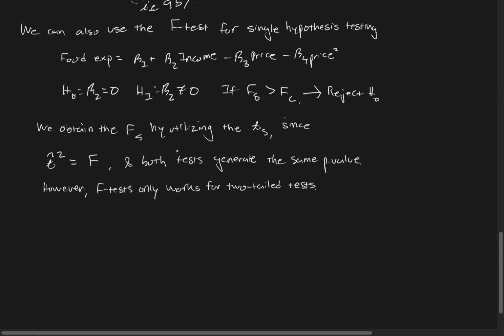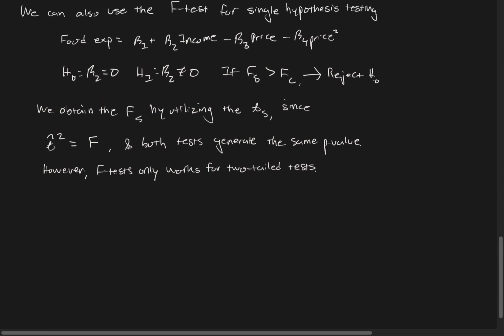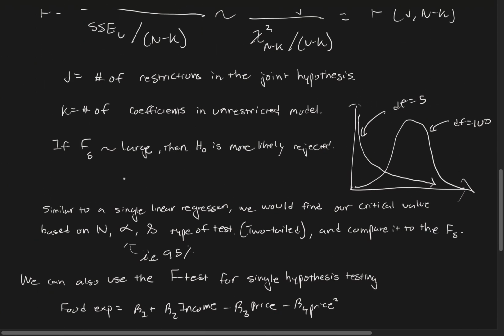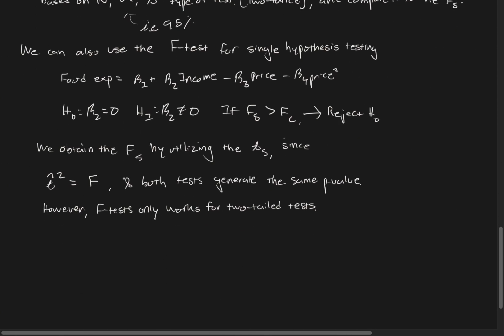Mathematically, the t statistic used for a single regression, if we square it, gives us the F statistic, because they generate the same p-value. So essentially the process is the same, except the catch is that the F statistic only works for a two-tailed test.